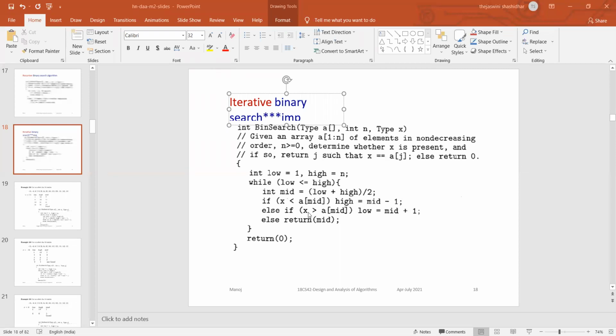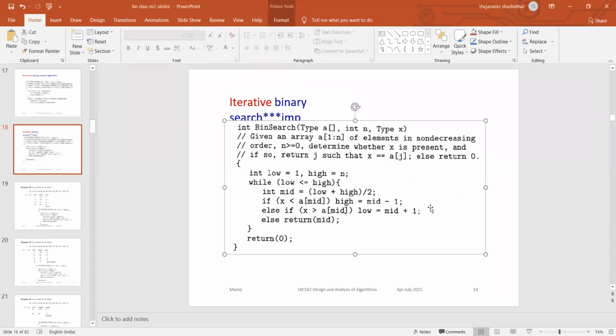Similarly, if the key element is greater than A of mid, low will move to mid plus 1. If key is less than mid, you go to the left part. If key is greater than mid, you go to the right part. So this is the iterative binary search.